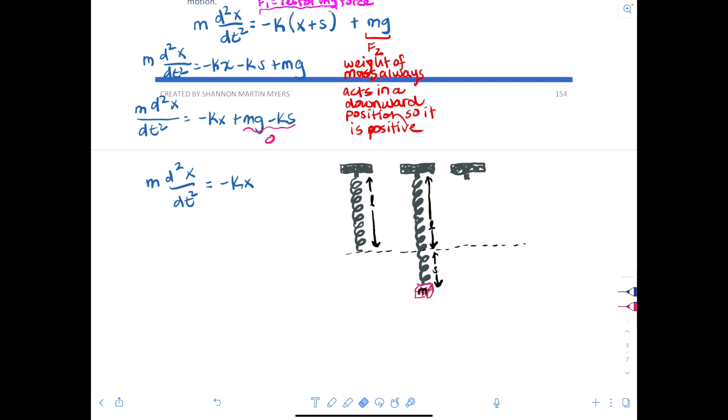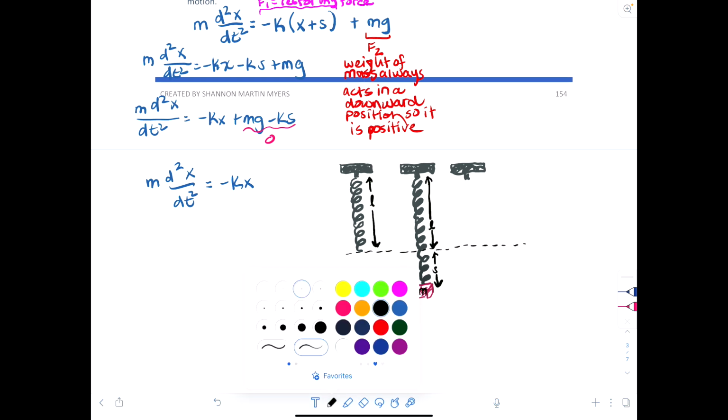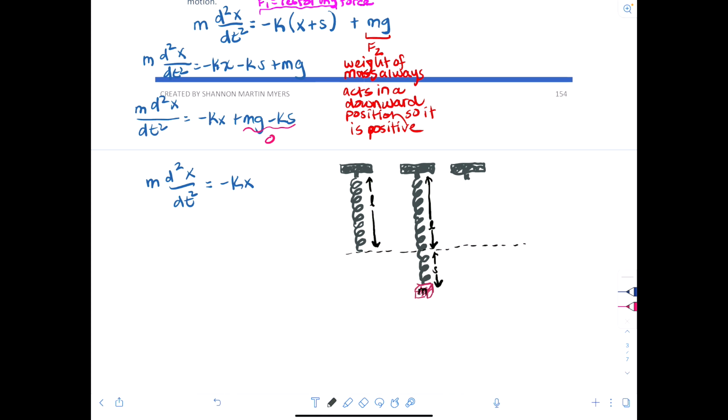But now let's say we've got some extra stuff going on. So we've got some initial velocity. There's this oscillatory motion. So this will be stretched even more.